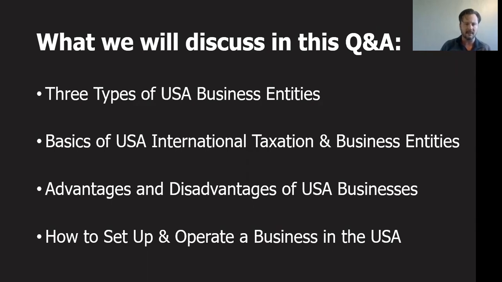There's three basic types of business entities, so I'll go over the basics of those. The basics of USA international taxation and business entities, how they're taxed, and then the advantages and disadvantages of US businesses, and then how to actually set one up and operate one in the US and stay compliant, which is obviously very important because there can be some serious penalties if you don't. So we'll go over those definitely.